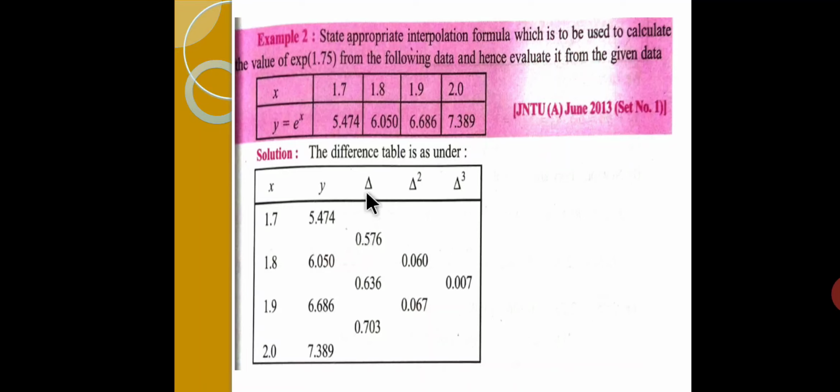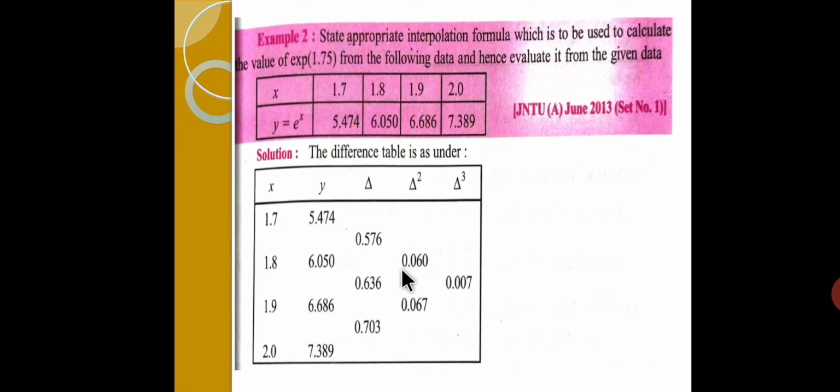What is the formula? y1 minus y0 is equal to 0.576. y2 minus y1 is 0.636, y3 minus y2 is 0.706. So for the second difference values, delta y1 minus delta y0 is 0.060, delta y2 minus delta y1 is 0.067.